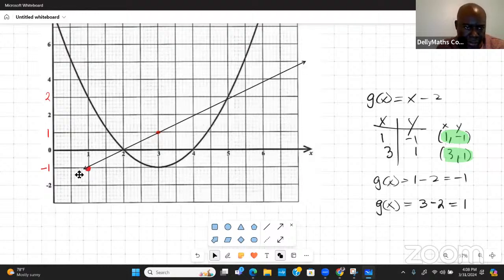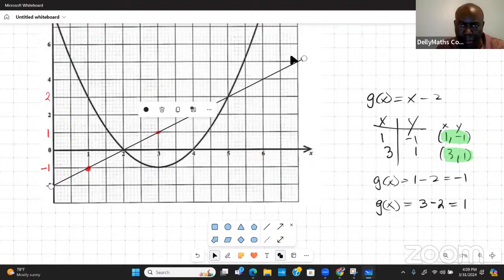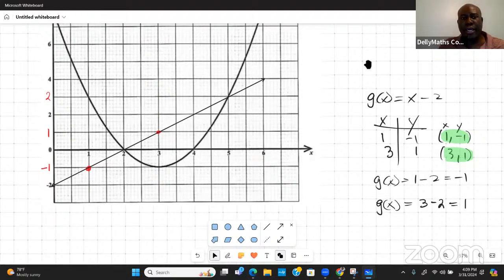All right, there it is. Let me put it in blue. So that's the line that we just drew, which is the line that says g of x is equal to x minus 2.